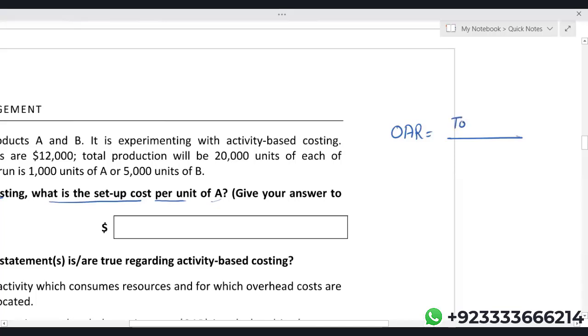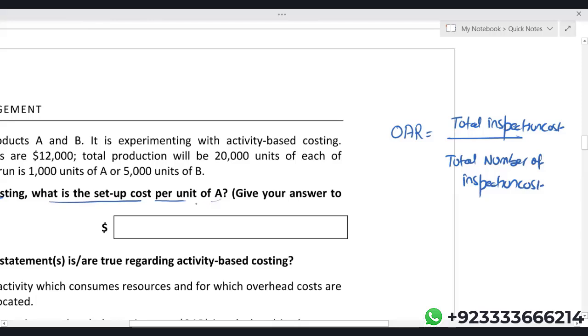We first need total inspection cost, then divided by total number of inspections. That will give you the per inspection rate.